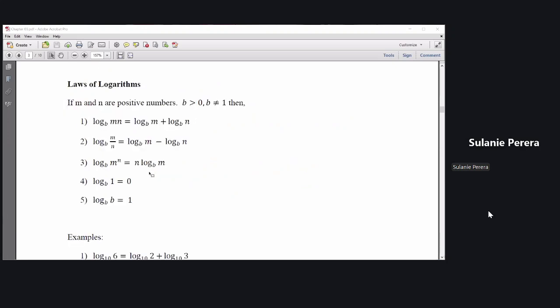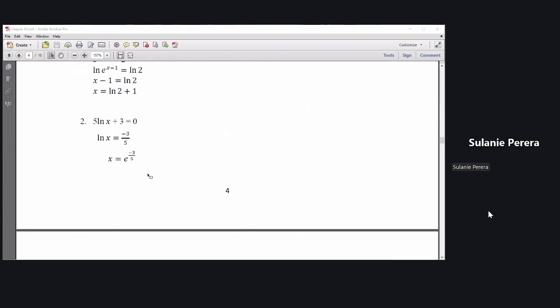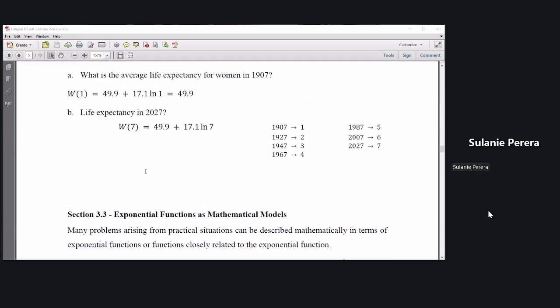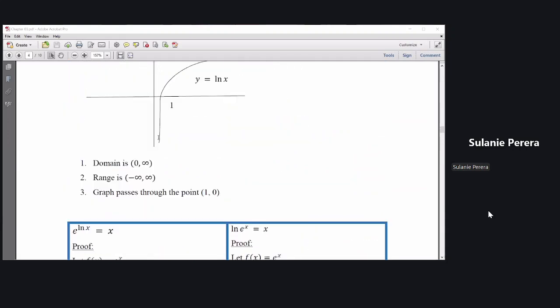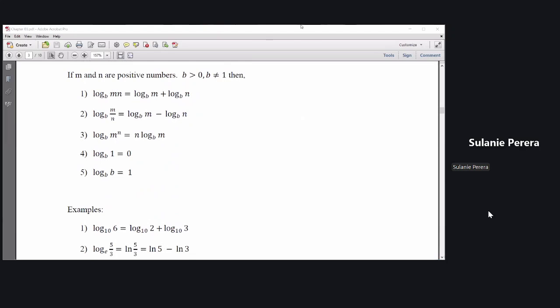Then we have the laws of logarithms, right? We all have done all this. Until page 5 you have learned in school. So we have the properties of log. You all know if we have log of m times n, it is log m plus log n. Division, log division is log subtraction. If you have m to the n, it's n log m.